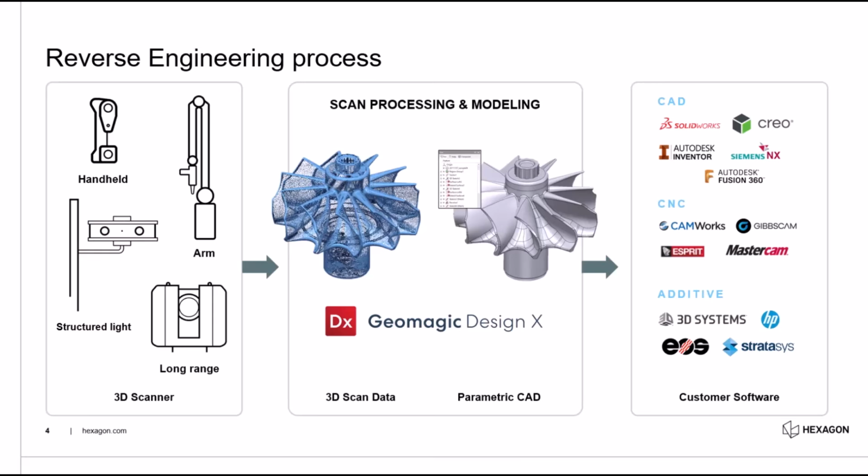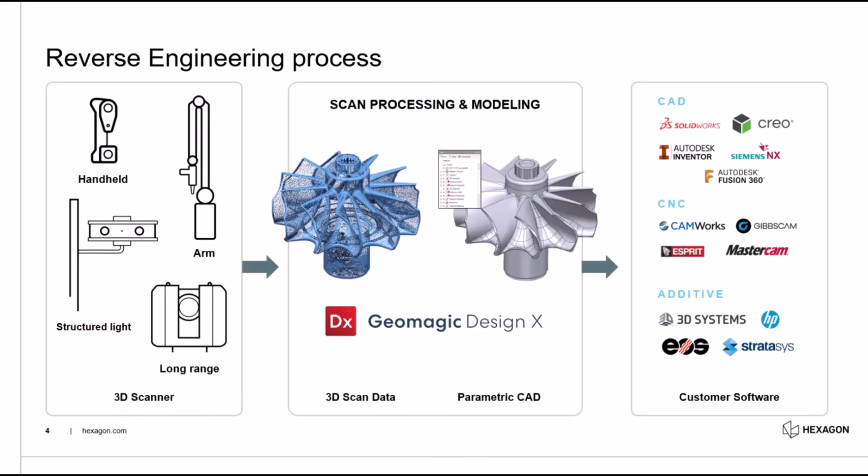Sometimes people want to go straight over to additive, as you can see on the right-hand side. But many times people want to extract CAD model information, both design intent or as built, and send that over to CAD. By far the top section there is the number one output, where we have a live transfer tool that will allow you to transfer the CAD information as native entities over to these different CAD platforms.